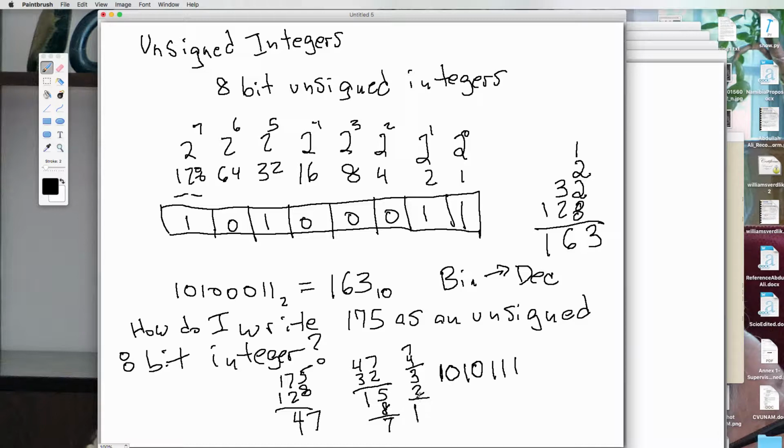That leaves me with a 1, and there is a 1 in a 1. So notice over here I've got 1, 2, 3, 4, 5, 6, 7, 8. I've got 8 bits, and that in base 2 is equal to 175 base 10.